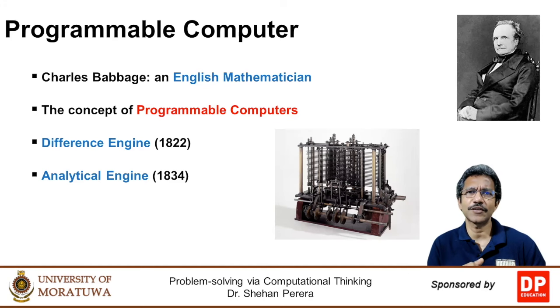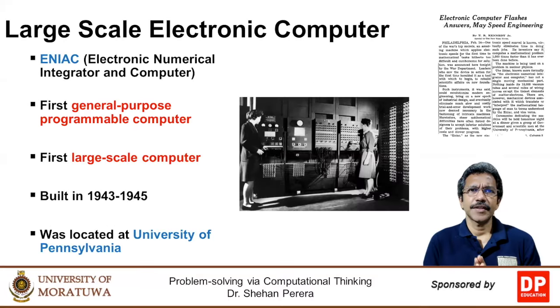After that, we see the use of electricity and electronics to build machines to solve our problems. ENIAC was one of the first computers that was able to solve different problems, and also we were able to give the algorithm to the machine in a much easier manner than what it was with the mechanical machine.